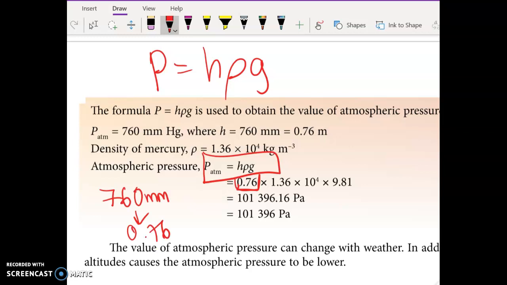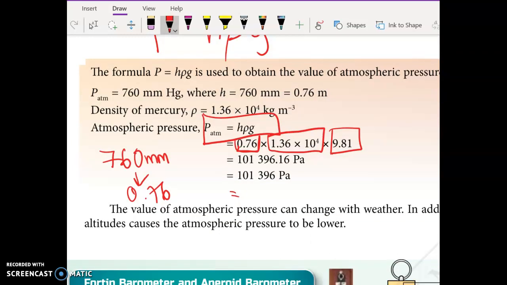You will get 0.76 meter times rho, the density of mercury, which is 1.36 times 10 to the power of 4, and the gravitational acceleration 9.81. Multiply everything and you will get 101396 Pascal.